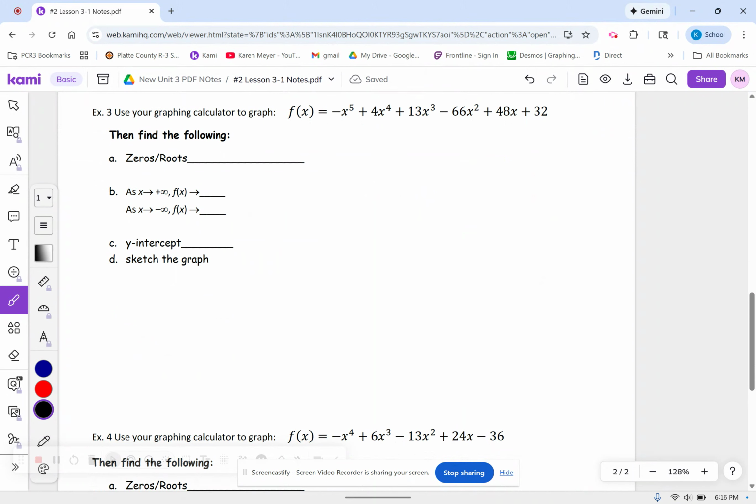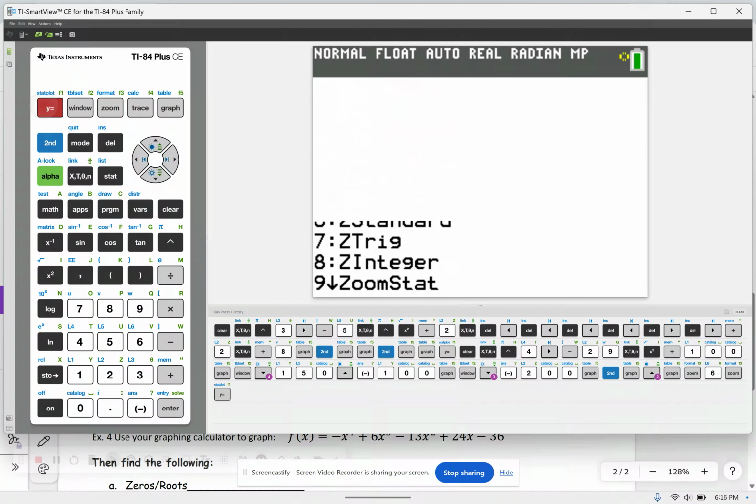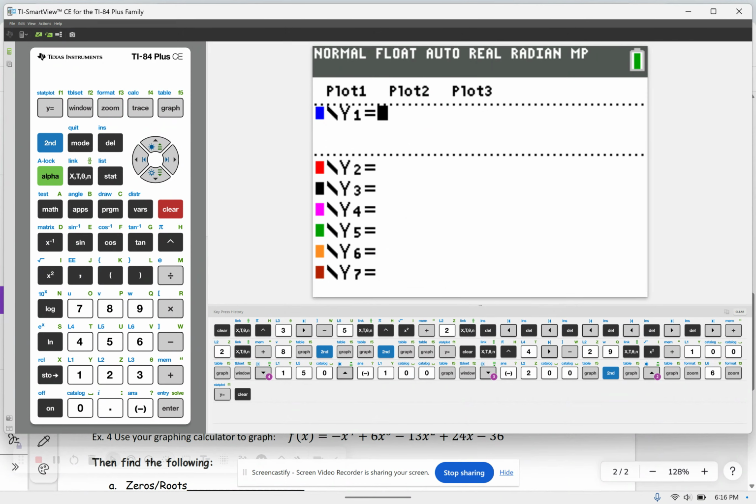So for day 2, we would just go in and type this into our graphing calculator. So I'm going to go back to my graphing calculator. Y equals, clear that out, type this in. Oh, whoops.